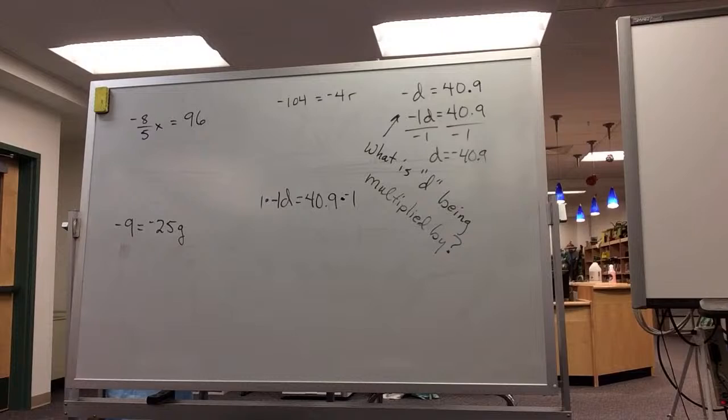That's the original problem. So it's got to be a negative, because a negative times a negative will make it positive 96. That makes sense. It's wrong, apparently.